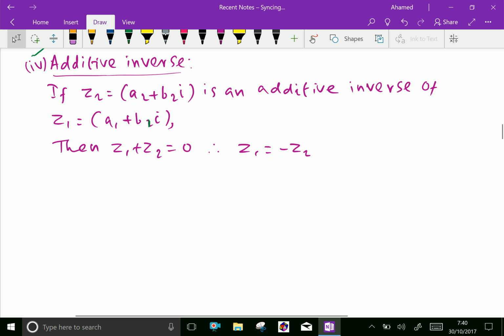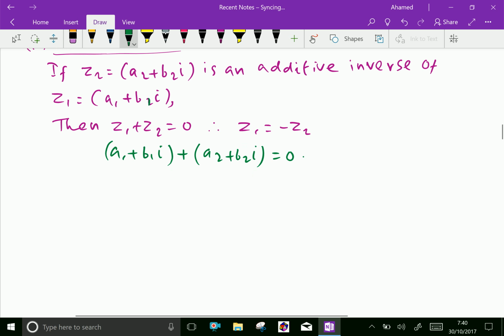That means first write z1 is a1 plus b1i plus a2 plus b2i equals 0. Then here we can write a1 plus b1i equals minus of a2 minus of b2i.